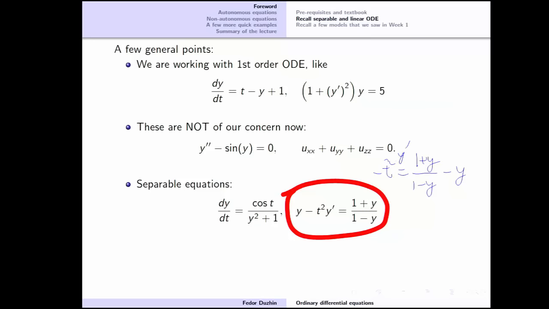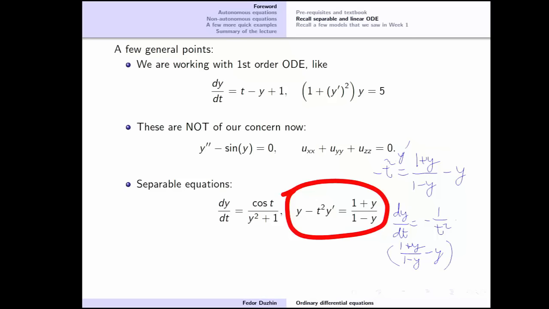And then you can rewrite it as dy/dt, which is y prime. And then if we divide everything by minus t squared, then we will get minus 1 over t squared times 1 plus y over 1 minus y minus y.